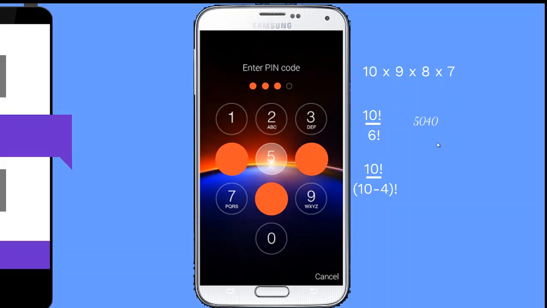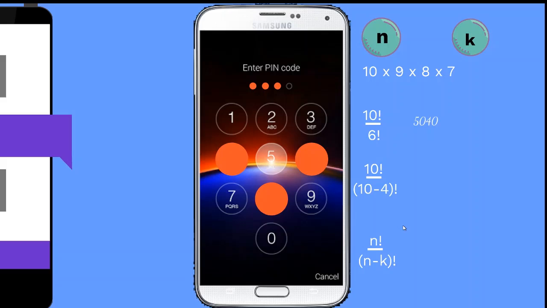Now if I generalize it, I can write this. I told you, the number of elements is called n and the number of options is called k. So I can write it as n factorial divided by n minus k factorial. Right, this will be the general format.